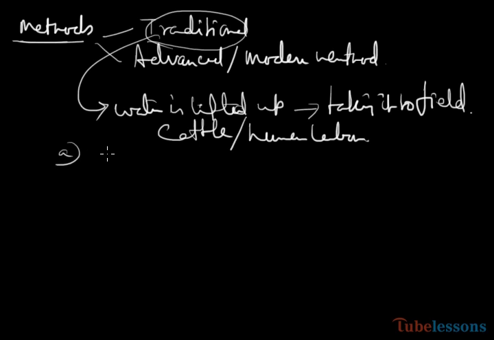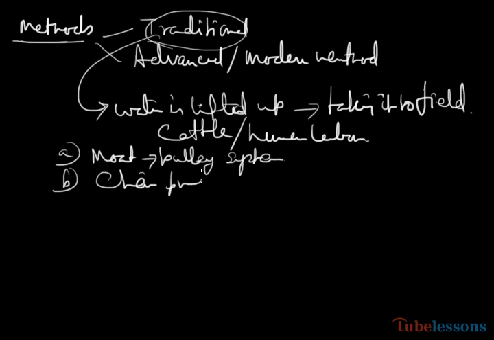The various traditional methods are: Number 1, moat. This is the pulley system. Water is taken up by a pulley system from the wells. This is known as moat. Number 2, chain pump. In this case, wheels are used to draw water from a source at a lower level than the field.